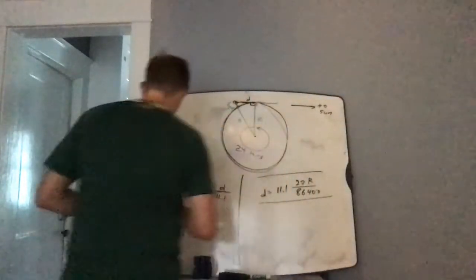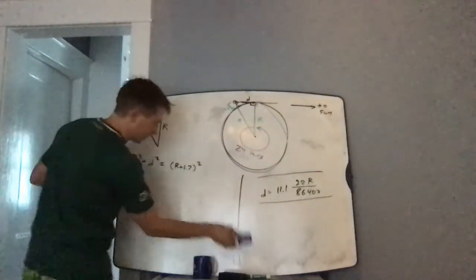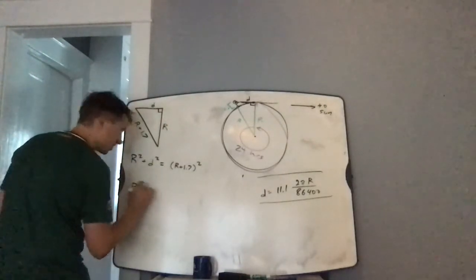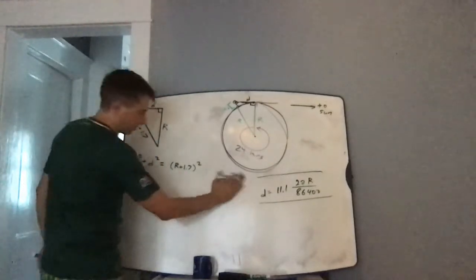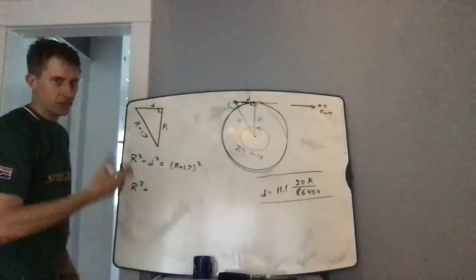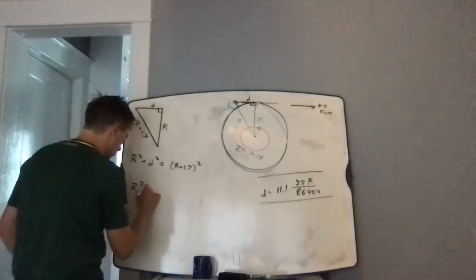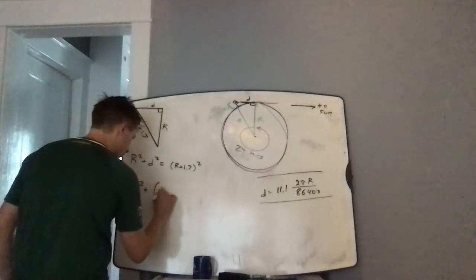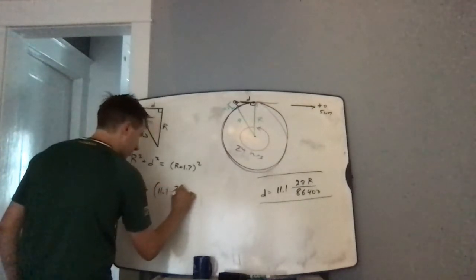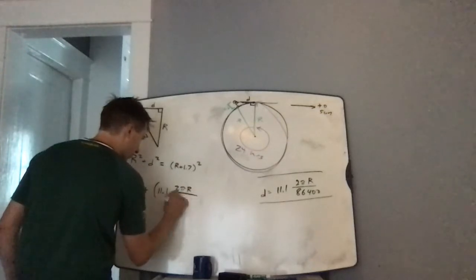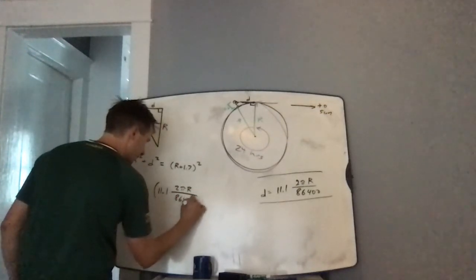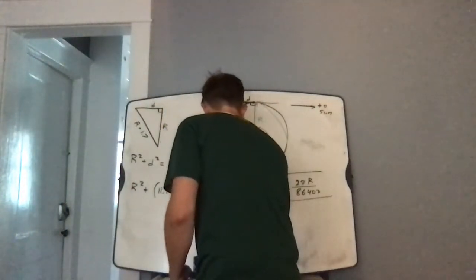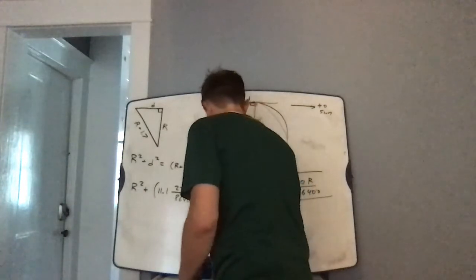So at this point, my Pythagorean theorem would look like r squared plus, I do not have a calculator on hand, so I'm not actually going to solve what that number is going to be. So I will write it as 11.1 times 2 pi r over 86,400, squared, is equal to r plus 1.7 squared.